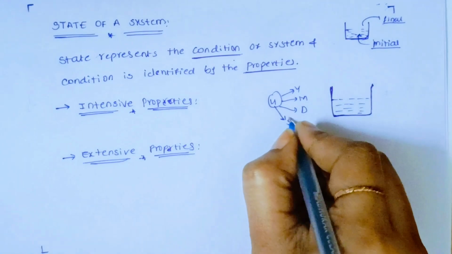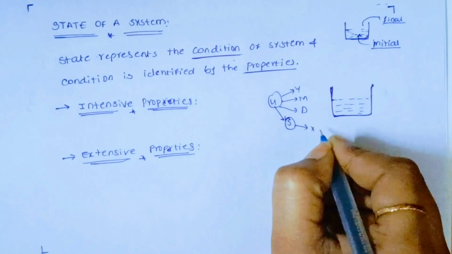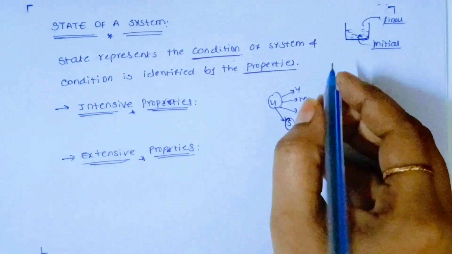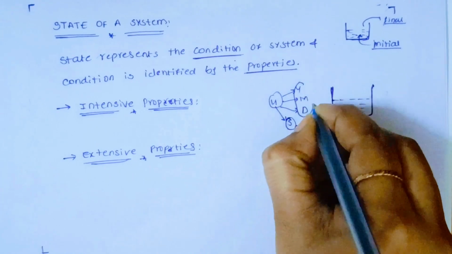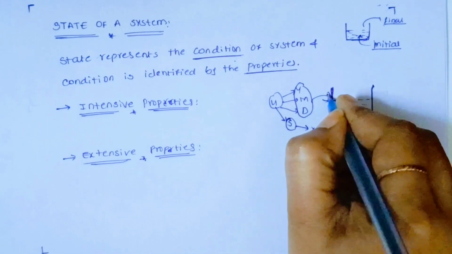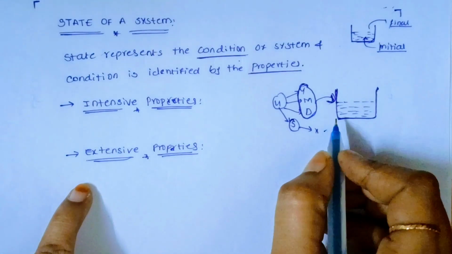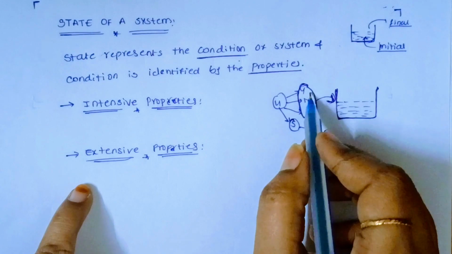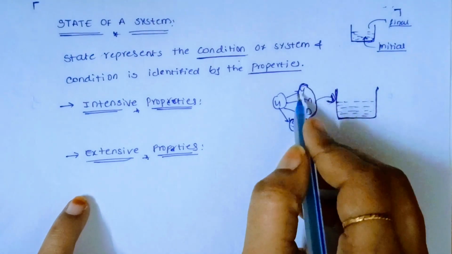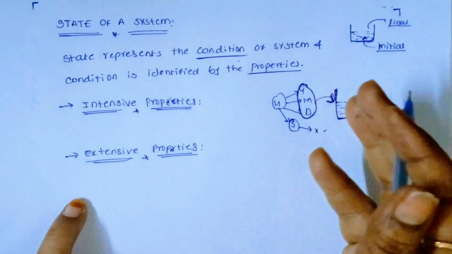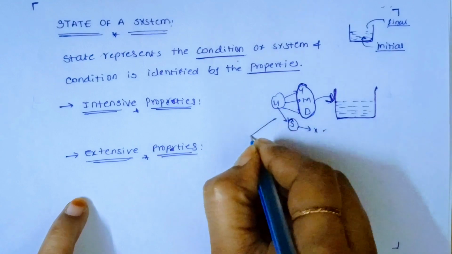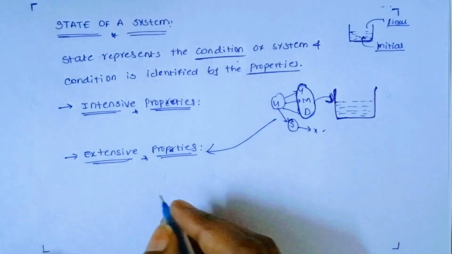But your sister won't drink tea, she only drinks milk. So your mom will decide to make tea for the three of you. She is depending on the number of people drinking. So this example comes under extensive property.